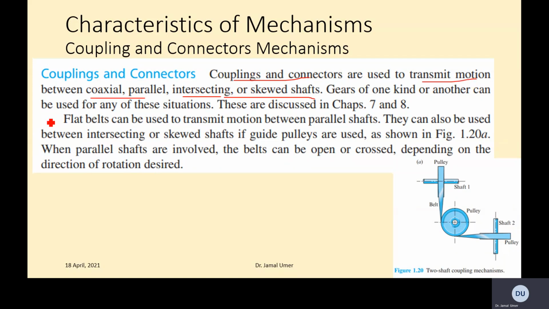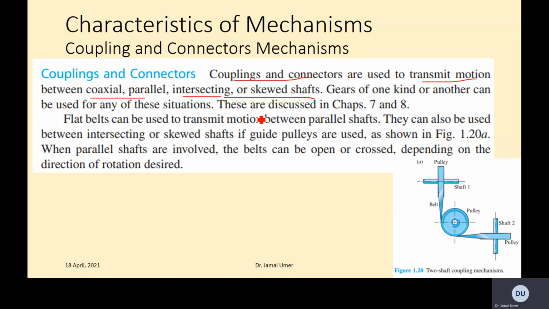Those combinations could be parallel, coaxial, intersecting, or skewed. So gears of one kind or another can be used for any of these situations. These will be in chapters 7 and 8, and of course we will also study some of these applications when we talk about gears.